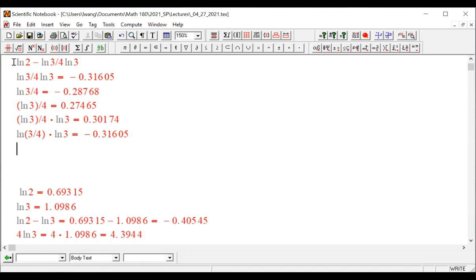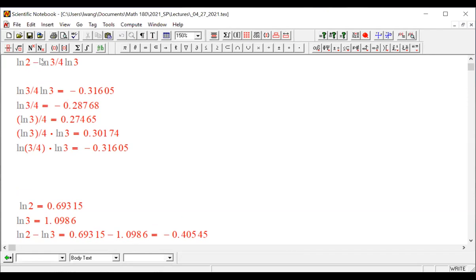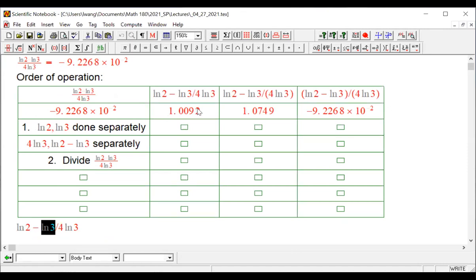So in this expression, if you write it this way, it's not going to do what you want. What's going to be done is that the programming is going to do ln 3 quarter first. They're going to do ln 3 over 4. They're not going to do ln 3 divided by 4 times ln 3. That's why we get that wrong number. This kind of phenomenon happens not only in this class.